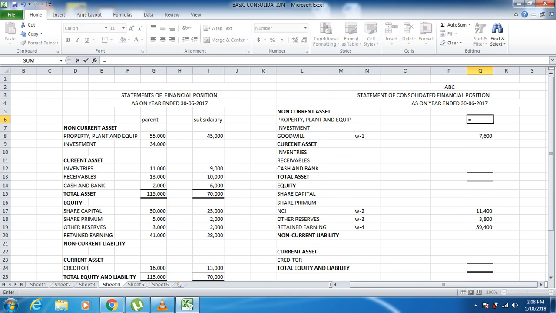And all other items we will add line by line. Investment is 0.